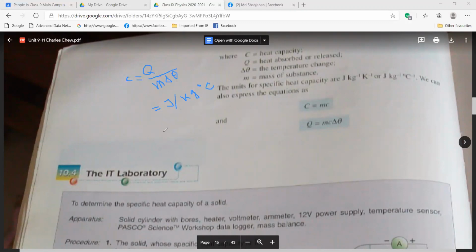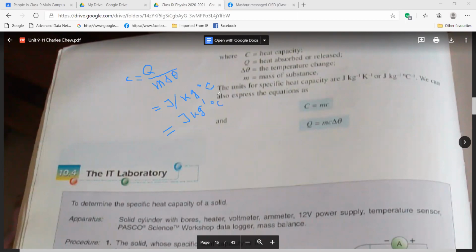Joule per kg, you can write this way, kg inverse, then also degree Celsius inverse.